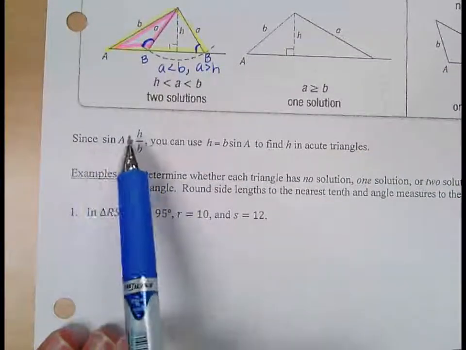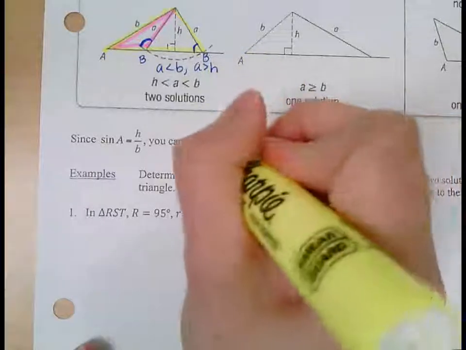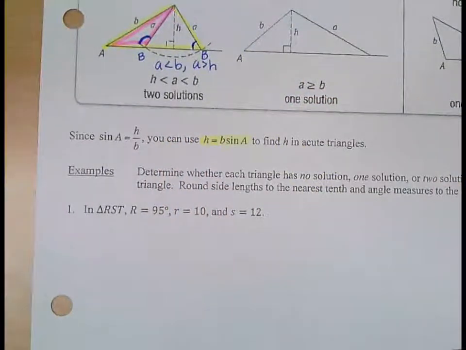Therefore, if we solve this for H by multiplying each side by B, to find H, you can use this formula, B multiplied by sine of angle A, and that'll give you your height in your triangles.